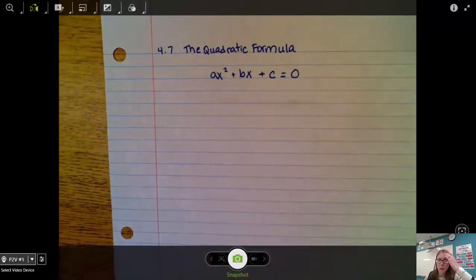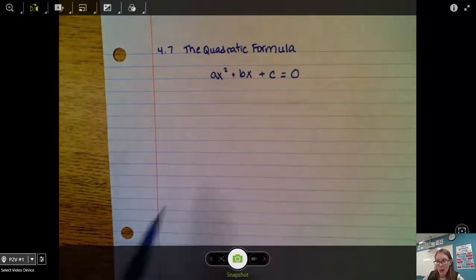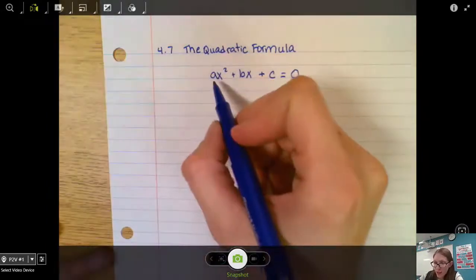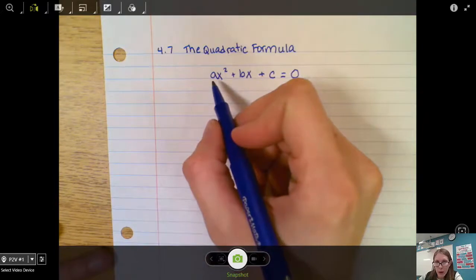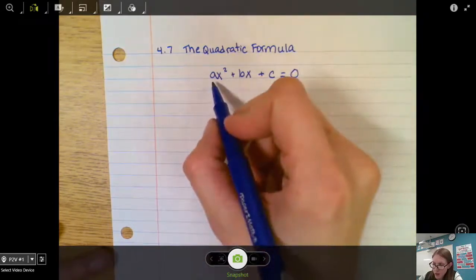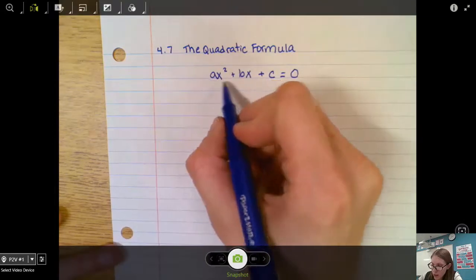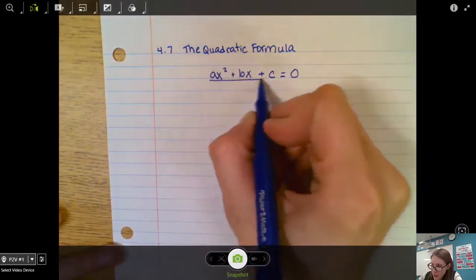Now, this quadratic formula really comes about by completing our square. So we're going to complete the square with this long thing here and solve our equation that way. So my first thing that I need to do when we complete the square is our a value needs to be 1x squared. So to start, I'm going to divide both sides by a.